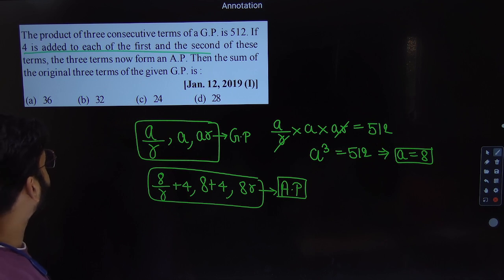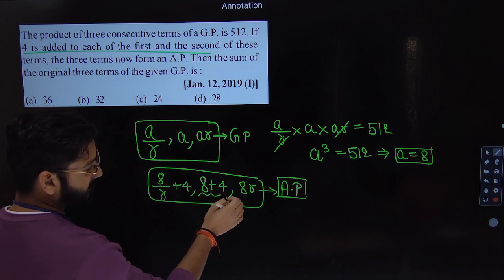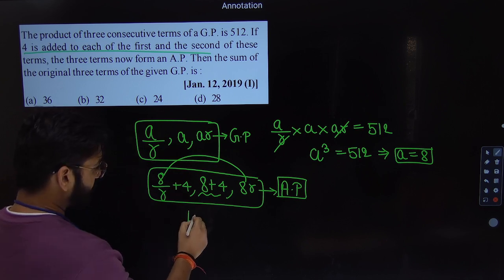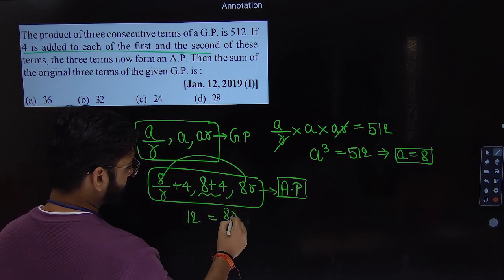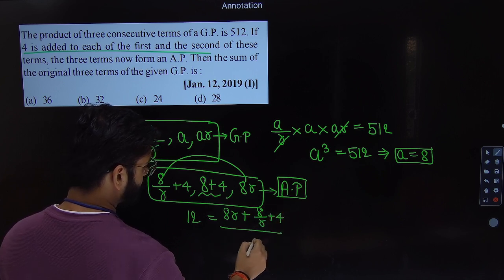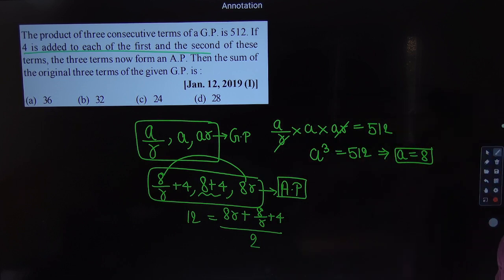Then the sum of the original three terms of the given GP is. If these three terms are in AP, what can we write? Center term will be the mean of these two terms. So 12 equals 8R plus 8 by R plus 4 divided by 2. Solve it, calculate R, question is done.